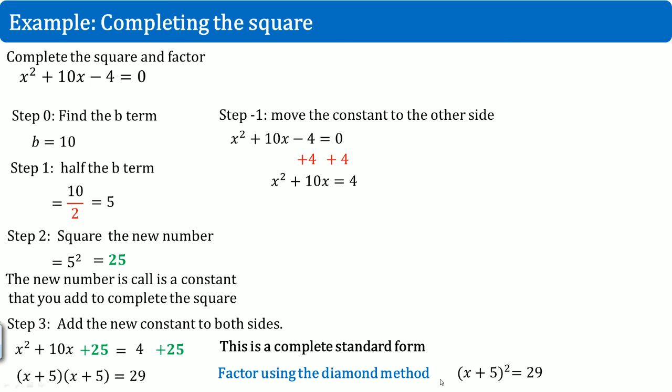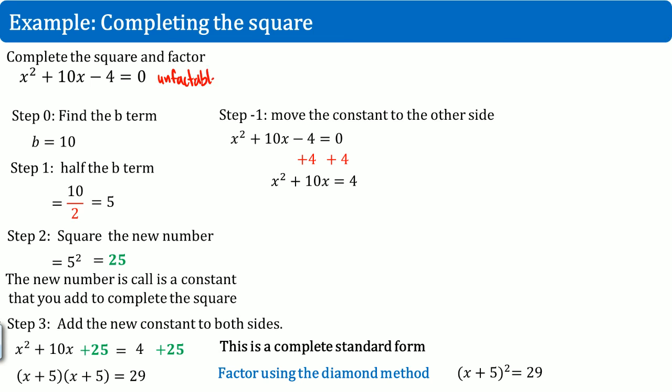So notice now we basically have it in factored form. And now you could essentially solve it if you would like. But there you go. This is how you complete the square when you have a situation like this. Completing the square allows you to basically factor it, because right here, this was unfactorable.